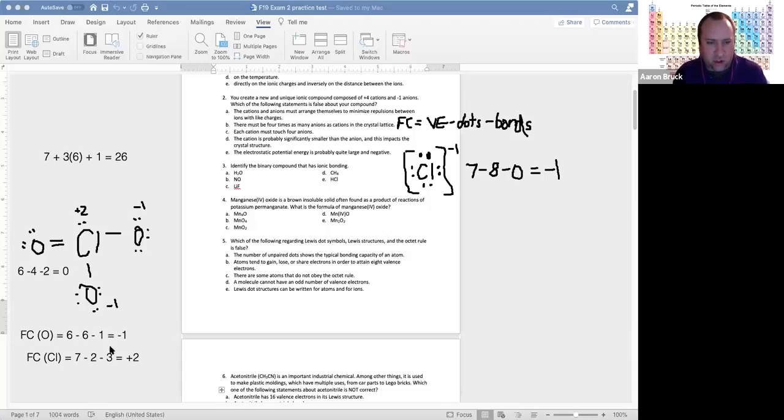And this formal charge would change as well, because now instead of 3 bonds, I have 4 bonds.